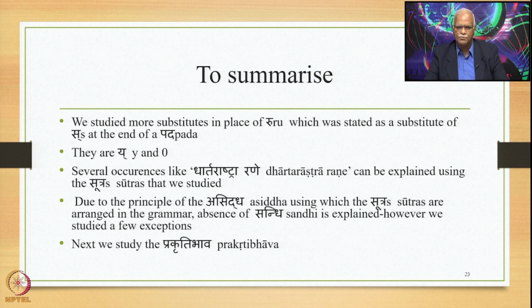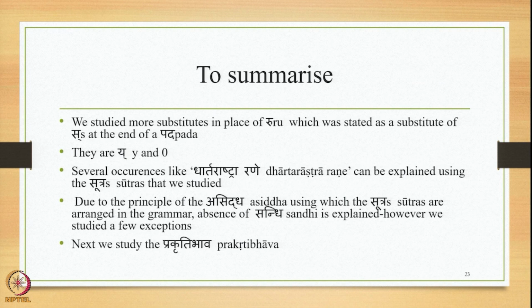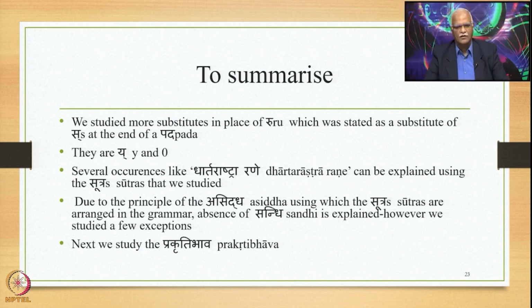Due to the principle of the asiddha, using which the sutras are arranged in the grammar, absence of sandhi is explained. However, we studied a few exceptions to this asiddha as well. So, we close the explanation of the Swadi Sandhi over here.